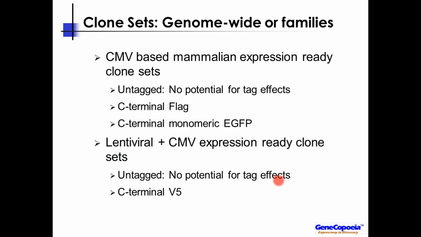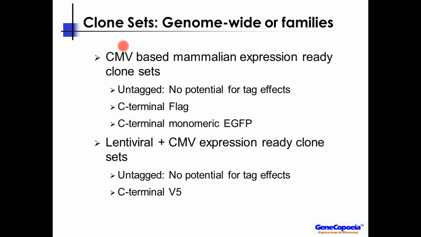In addition, we focus heavily on what we term clone sets, where you can order our clones not just one at a time, but in various sets, and these can be either genome-wide or in various families that are either functionally related in some way or part of pathways.